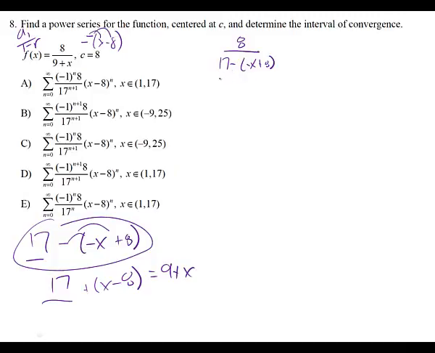So how do I get it equal to 1? What do I have to do? We're going to divide by 17. So I've got 8 over 17 over 1 minus, and I'm going to write this a little bit different. I'm going to say 1 over 17 times negative x plus 8.